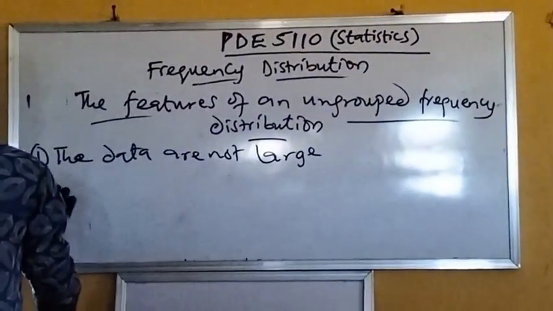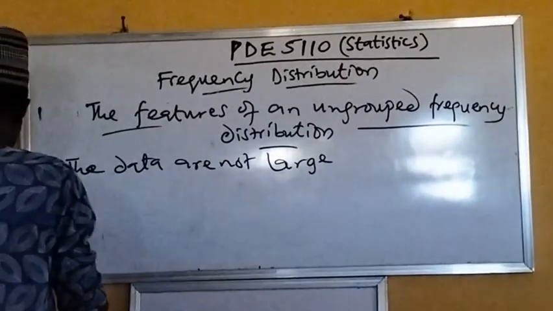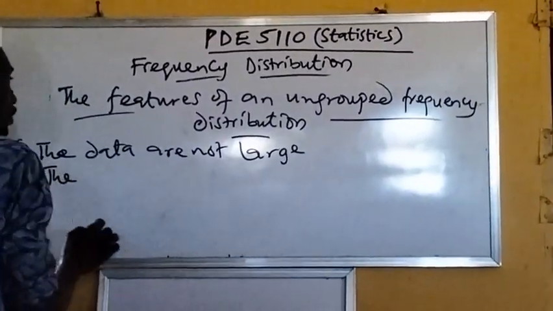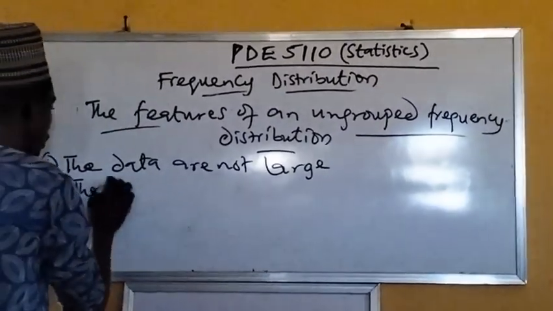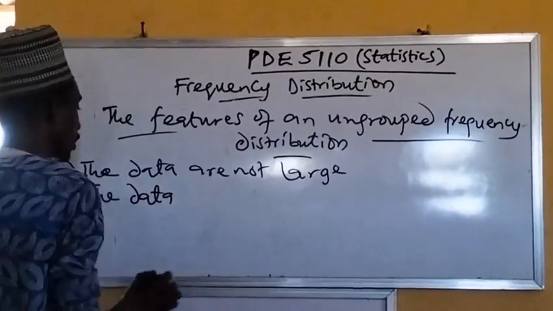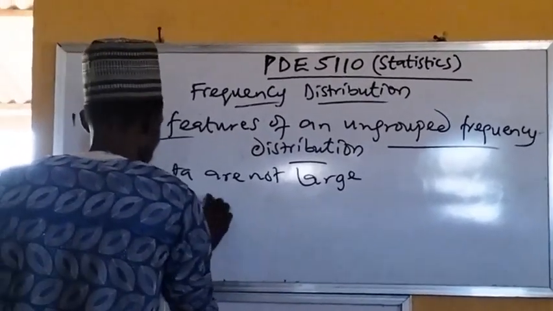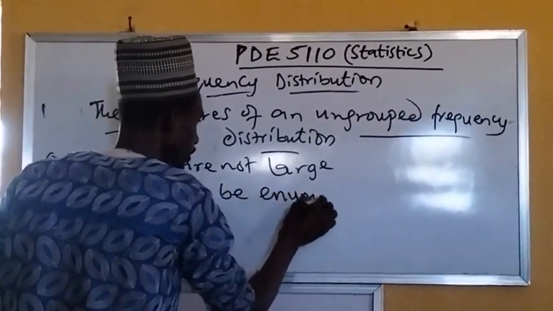Number two, the data under ungrouped frequency distribution can be enumerated.